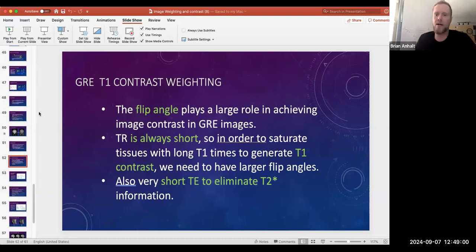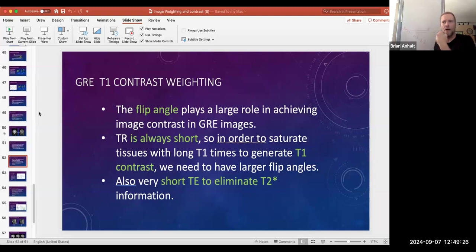If I have a short TR and I want full longitudinal recovery, I need to give the NMV a head start to recover, right? So just barely flip it. It's going to relax back in a short period of time, right? We want full longitudinal recovery if we want to get rid of T1 information.